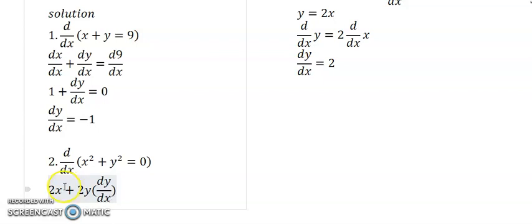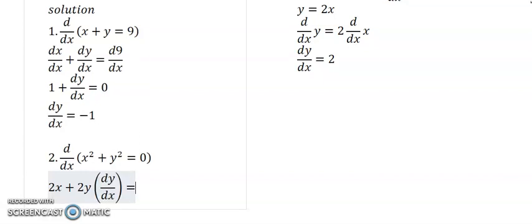Here we just have 2x because dx over dx cancel, meaning that they will give us 1. Then we will be left with 2x. But on this one, we will have 2y dy over dx, since we are derivating one variable with respect to another variable. Then the derivative of 0 is a constant, so the derivative of 0 will give us 0.